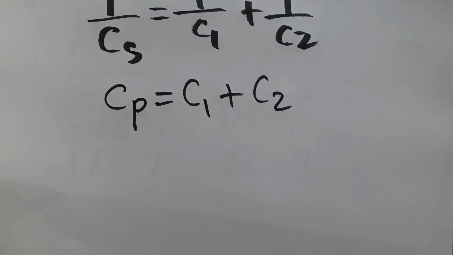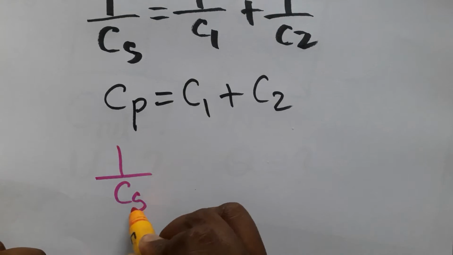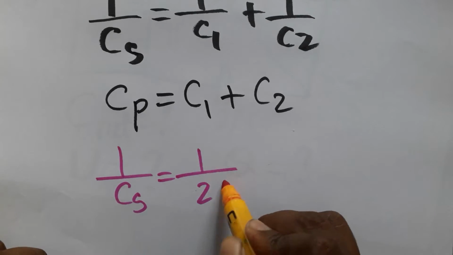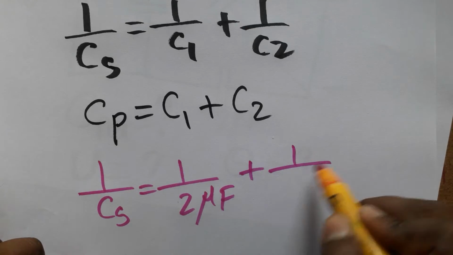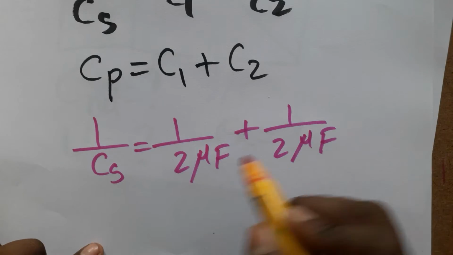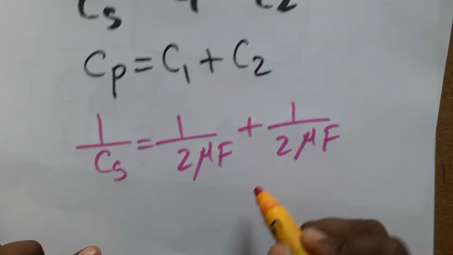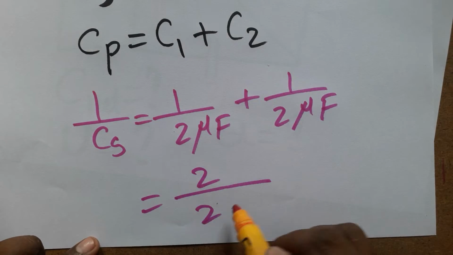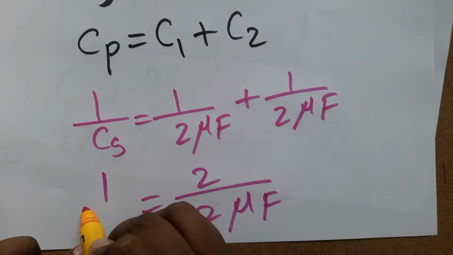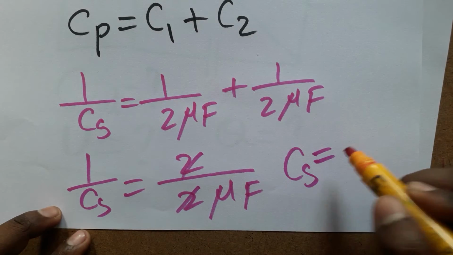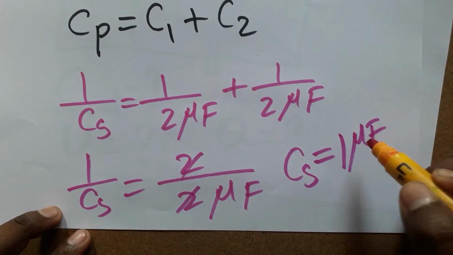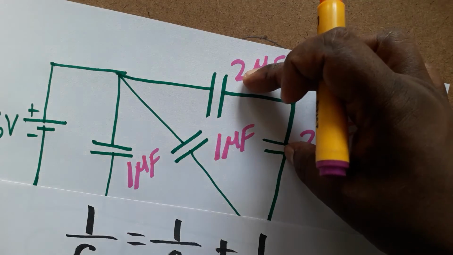C1 is 2 microfarad, where micro is 10 to the power minus 6. So 1 by Cs is 2 divided by 2 microfarad, and the 2s cancel. So Cs, the capacitance in series, will be 1 microfarad. The answer for these two is 1 microfarad.